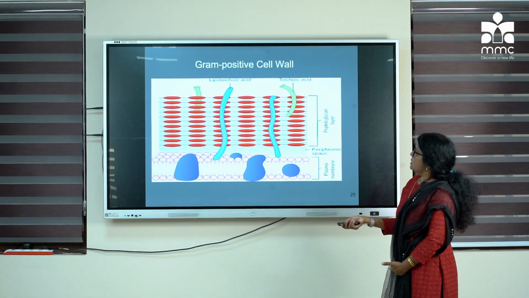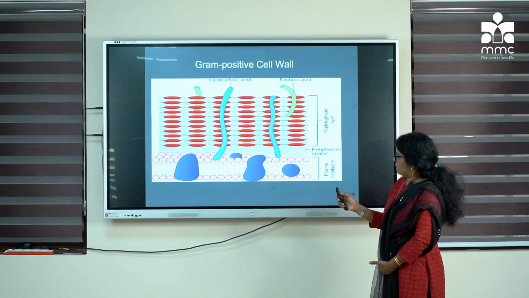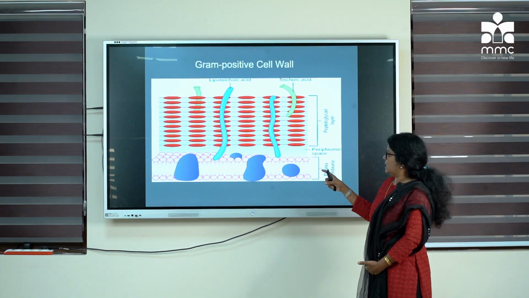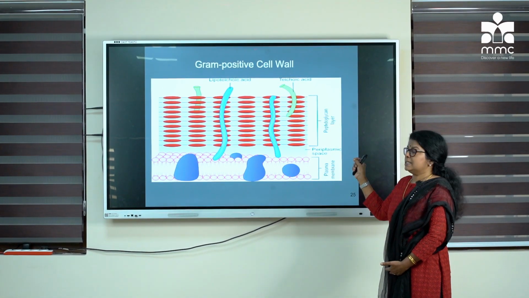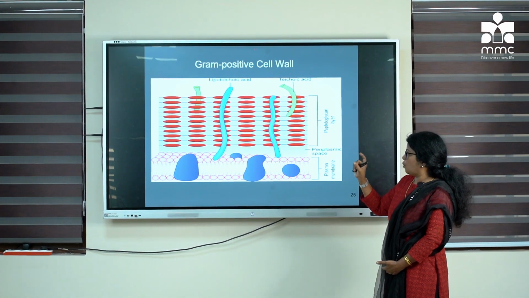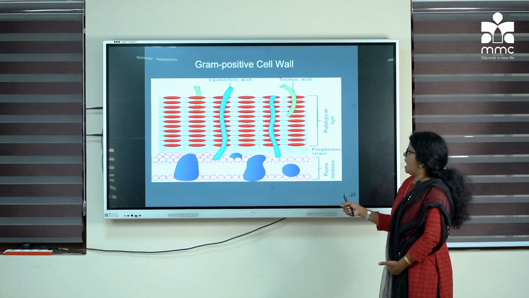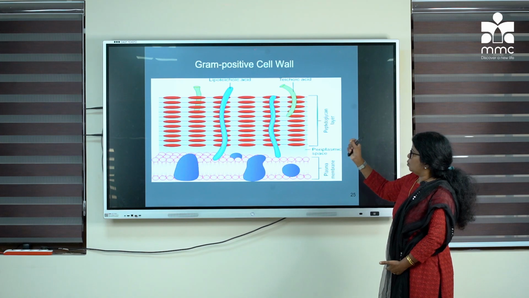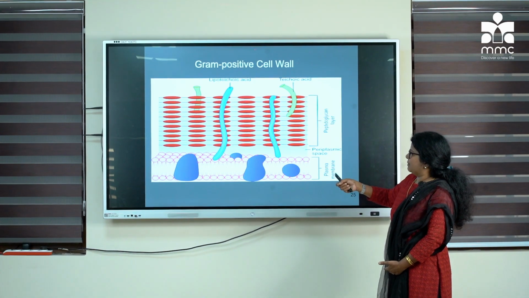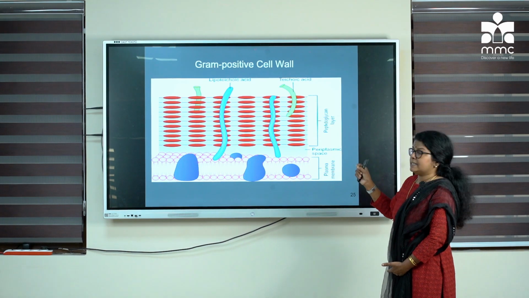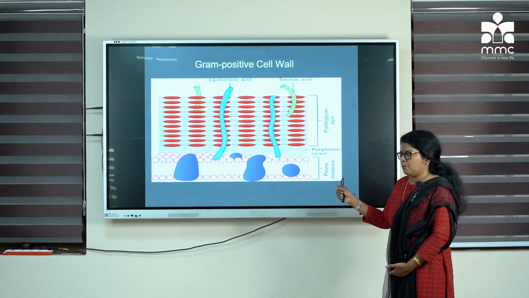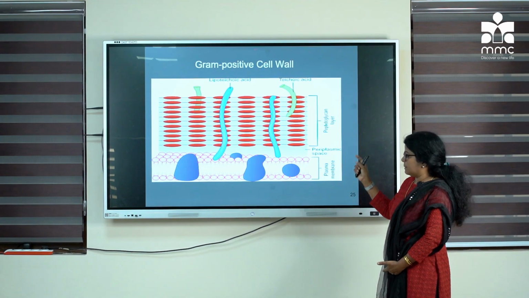So this is the structure of the gram-positive cell wall. Here you can see the thick outermost part, seen in red. That is the peptidoglycan layer. It has many different layers, and through that peptidoglycan layer, some hair-like structures are projecting outside. These are lipoteichoic acid and teichoic acid molecules.